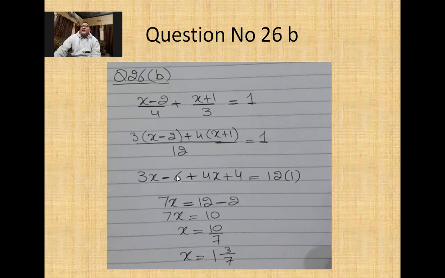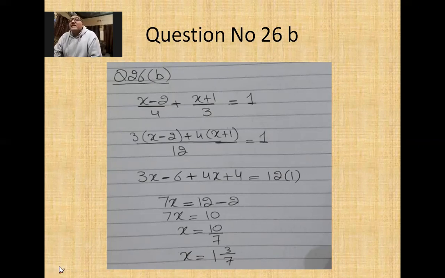So you will have 3x minus 6 plus 4x plus 4. This 12 will multiply with 1. So you will have 3x plus 4x, 7x, minus 6 plus 4, that's minus 2. If I take this minus 2 to the other side, I think I made a mistake. You will have minus 6 plus 4, and that will give you minus 2.